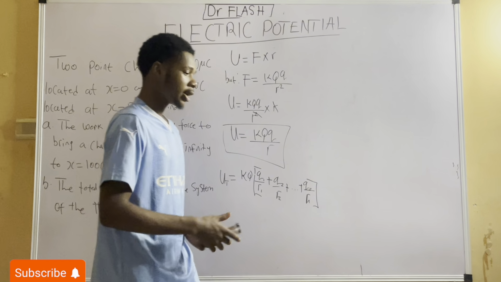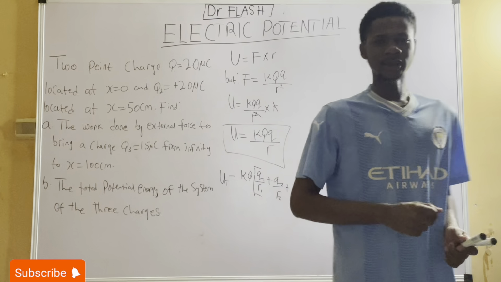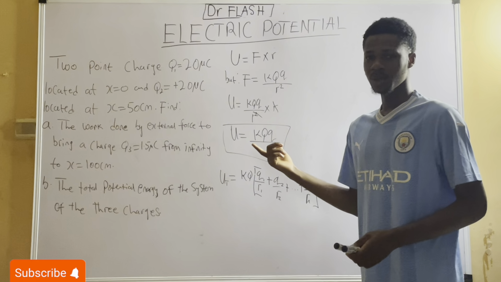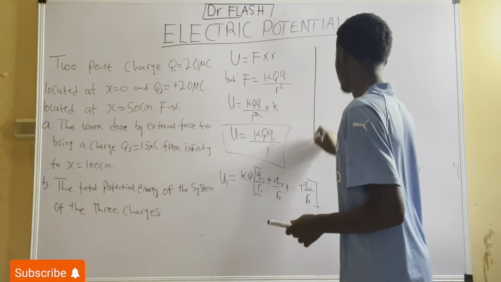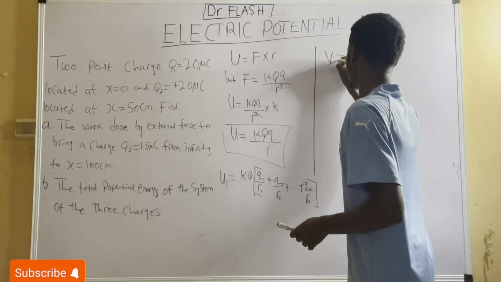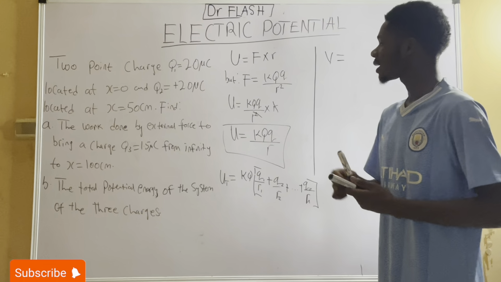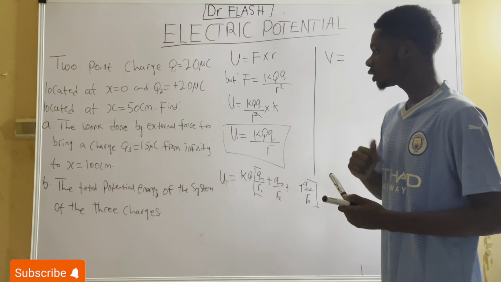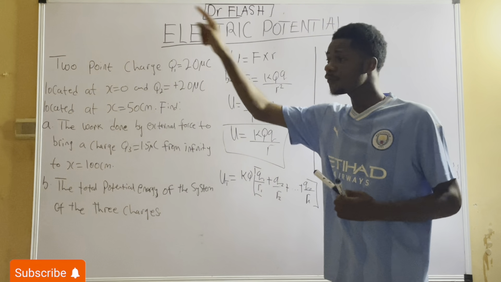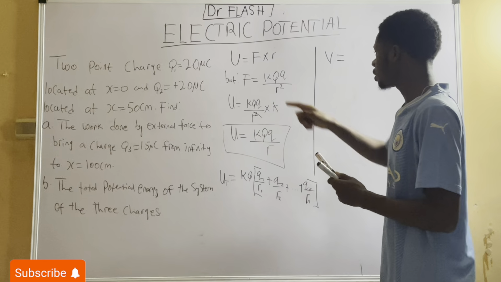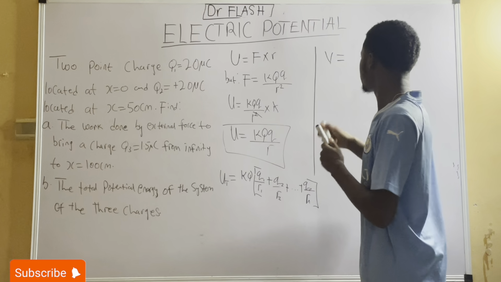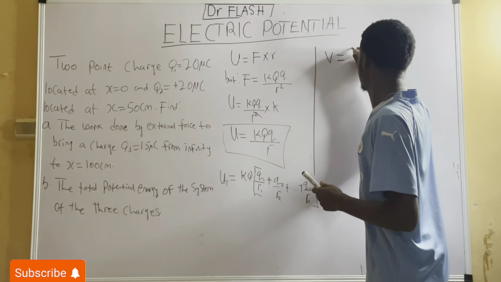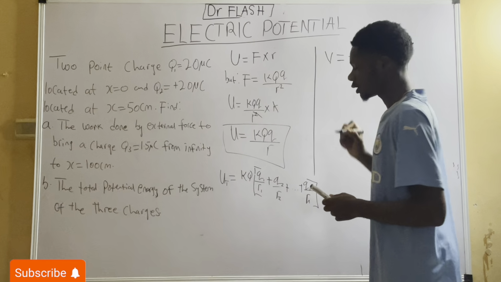Now, electric potential, on the other hand, is quite similar to what we're having here, just a slight difference. You should know that electric potential is represented as V, and it is defined as the work done per unit charge in bringing a charge from infinity to a point in an electric field. So when I divide this formula by q, I get the electric potential, in the sense that V becomes U divided by q.